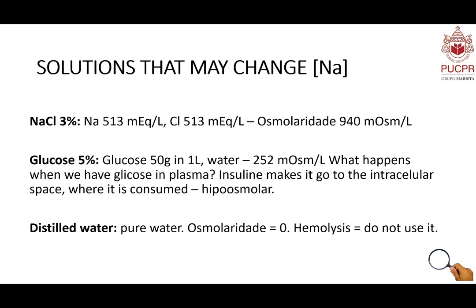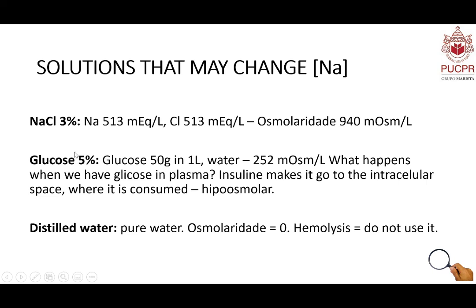You should do this very slowly, otherwise you can have too high a difference in osmolarity between the intracellular and the extracellular space. You may have 940 in the extracellular space and 300 in the intracellular space. This is not good. So try to do things slowly when you are dealing with sodium.